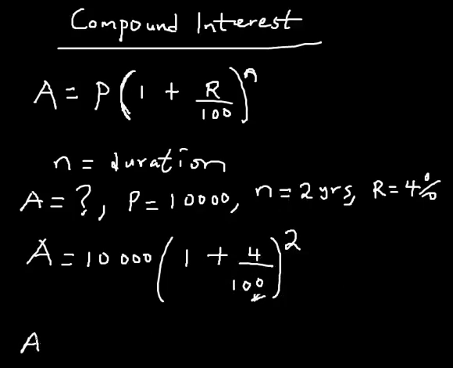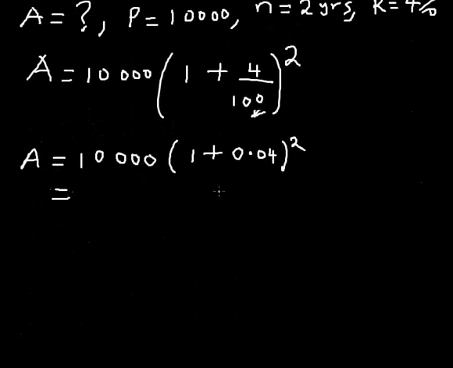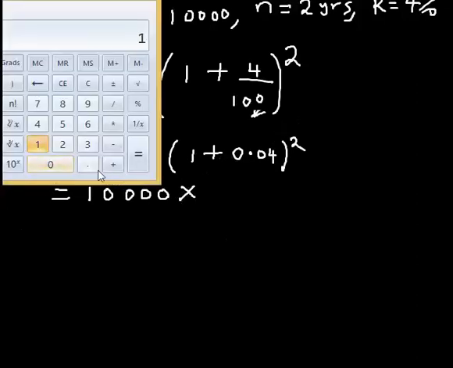So this is going to be equal to 10,000 bracket open 1 plus 4 divided by 100, which is 0.04, all squared. So let's do this. This is going to be equal to 10,000 times 1.04 squared. 1.04 squared is 1.0816.